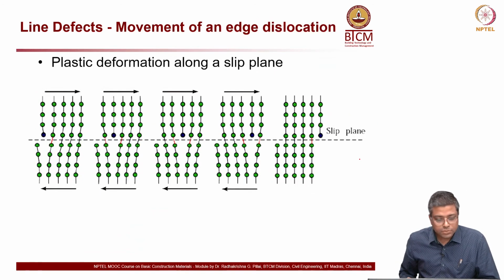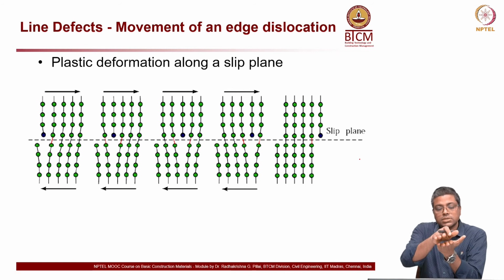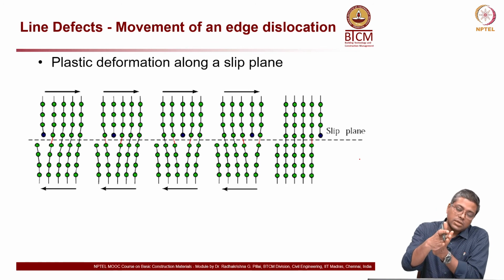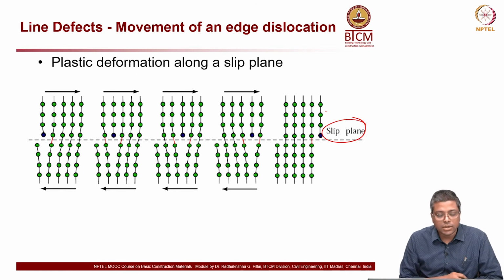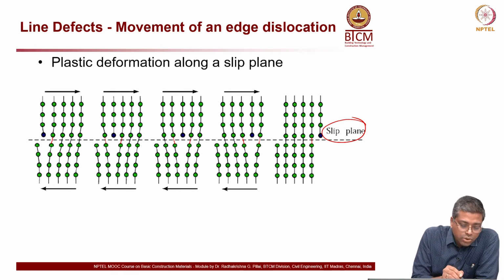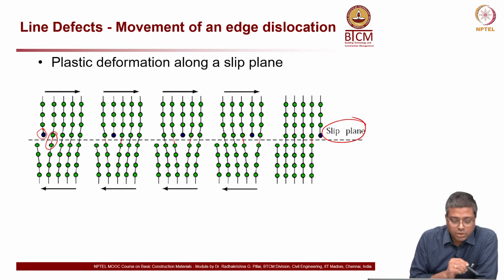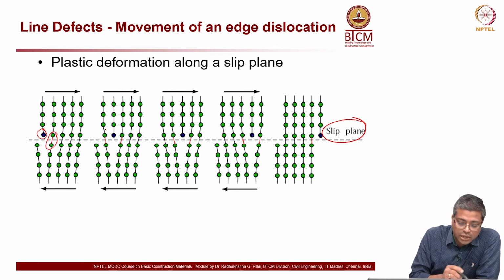Now, when you talk about plastic deformation or yield, like I showed earlier when you shear like this, there is a movement along the slip plane. This is the slip plane, the horizontal dashed line, and now you notice the movement of the blue atom at the top leftmost region and the red bond. It is not that the blue atom is moving, but the bond is changing; we are shearing the material.